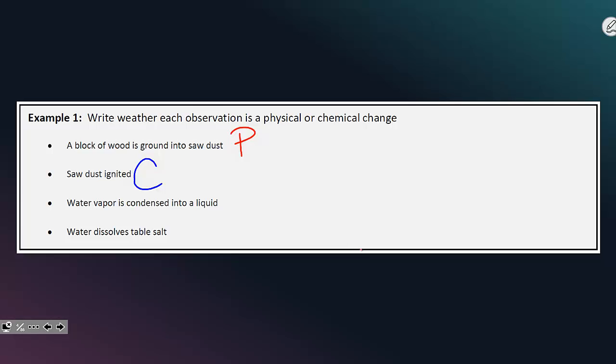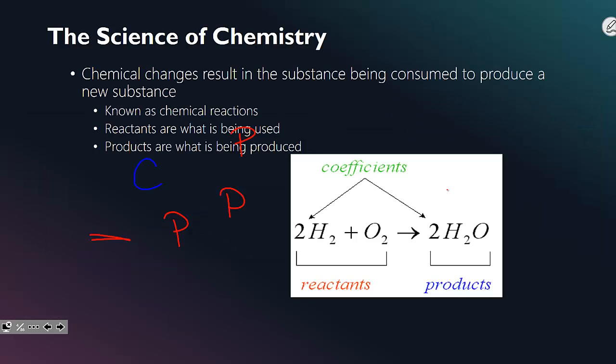Water vapor is condensed into a liquid. I started with water, I end with liquid water. Those are a physical property or physical change. But if I use that water to dissolve table salt, I started with water and table salt, and I end with water and table salt. So that's also a physical property. So dissolving is a physical process.